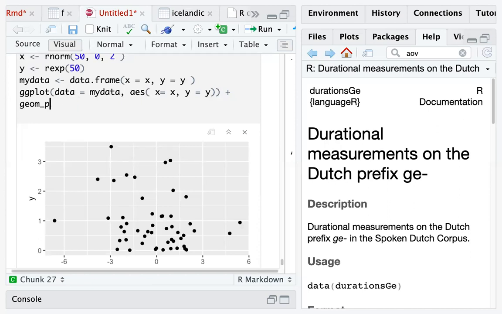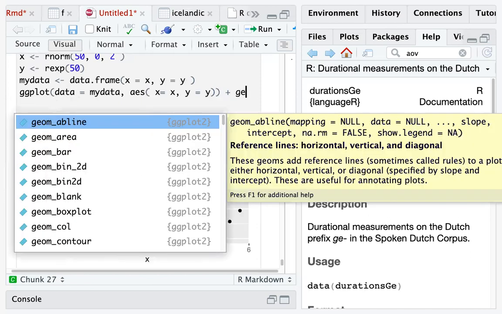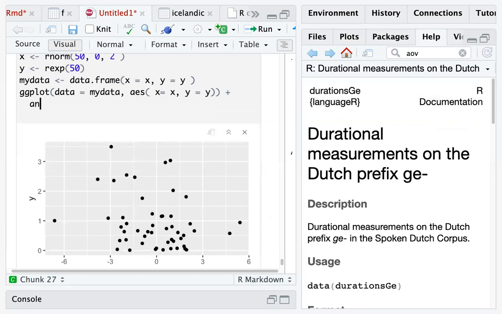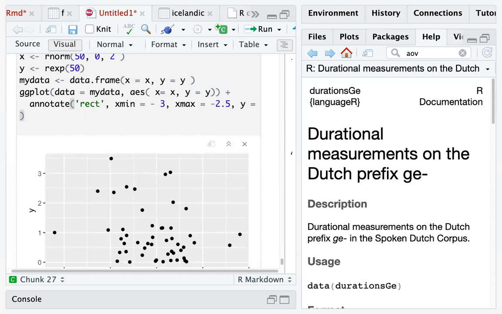So let me take two strips. A strip that starts at -3 and ends at -2.5, and it is unbounded on the y-axis.